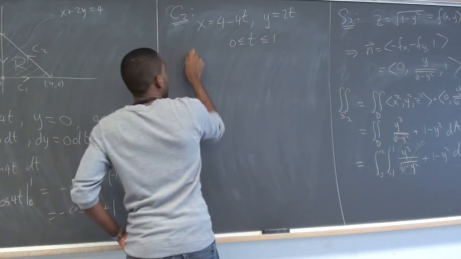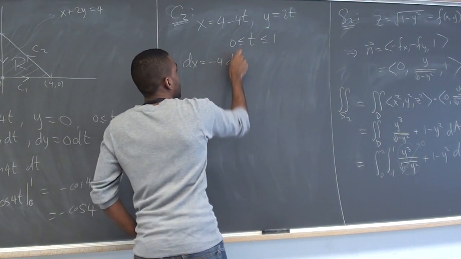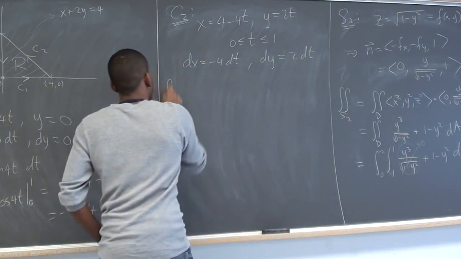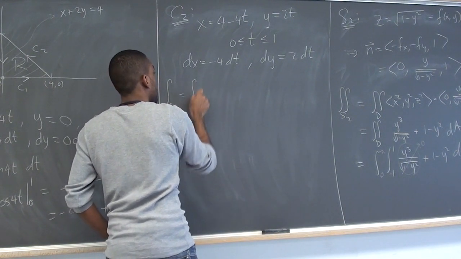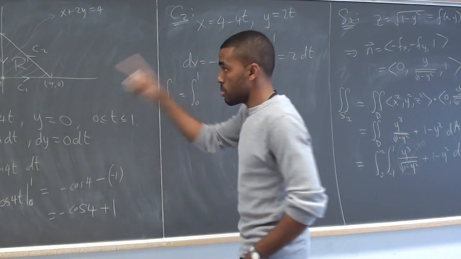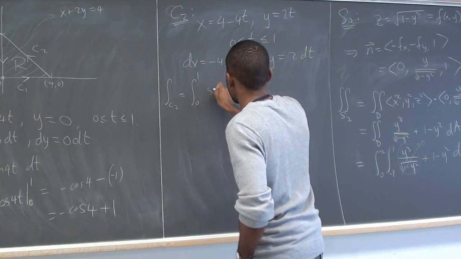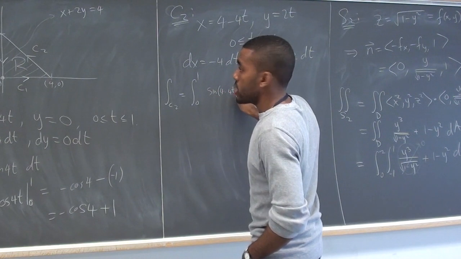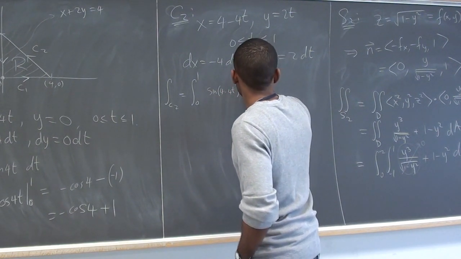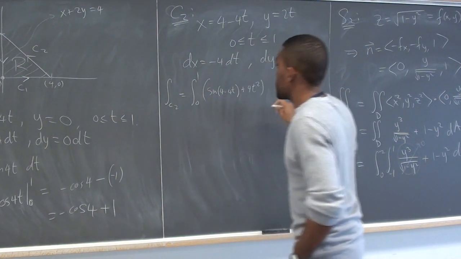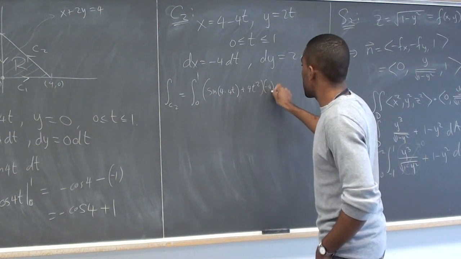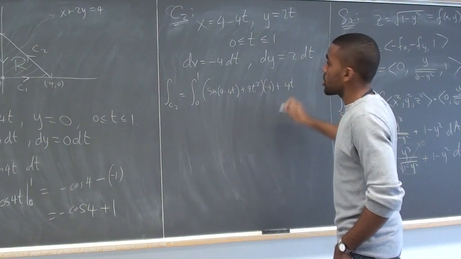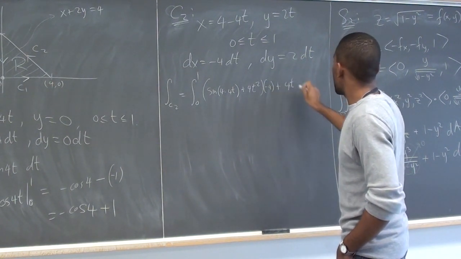Right? And so now I can find my dx, my dy, and so my integral along C2 is just going to be the integral from 0 to 1. Again, I'm going to plug in everything. So this is sine of 4 minus 4t plus y squared times dx, which is minus 4, plus 2 times y times dy, which is 2.